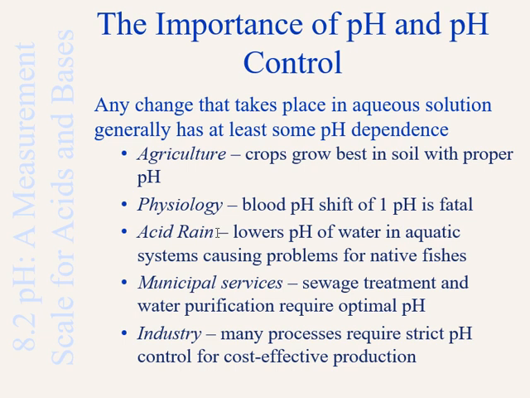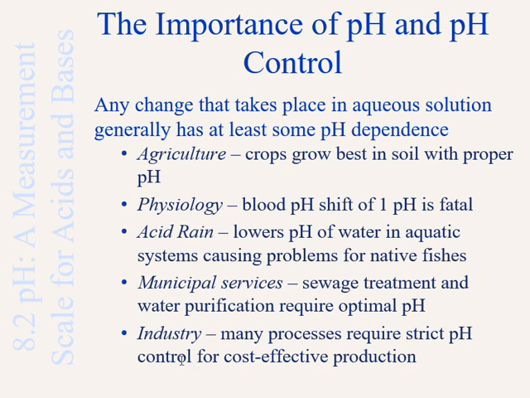We know acid rain, whenever we release pollutants in the air, they combine with, for example, sulfur dioxide, sulfur trioxide, to produce sulfuric acid, acid rain, and it can cause problems with sea life or aquatic life in general. The sewage treatment plants contain very acidic situations to optimally purify water, for example, and even in industry, a lot of chemical reactions depend on it.